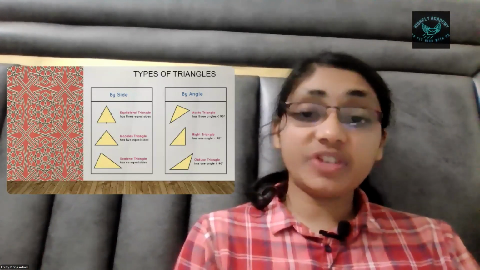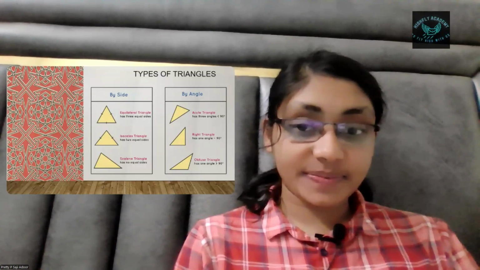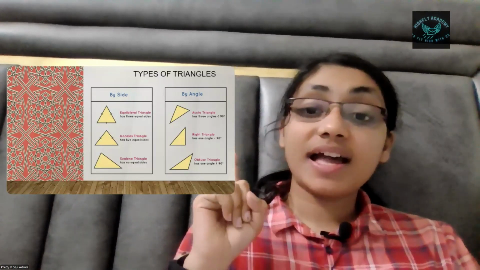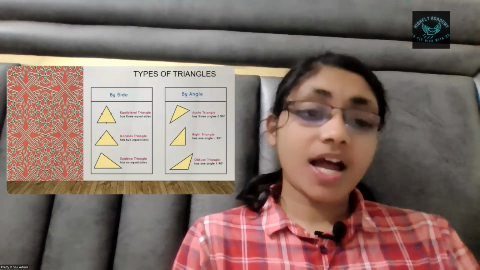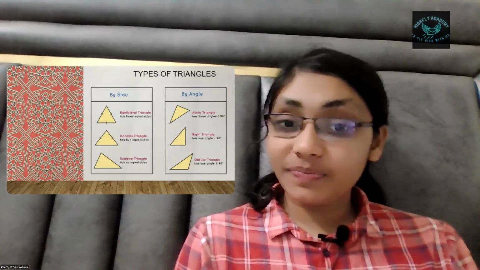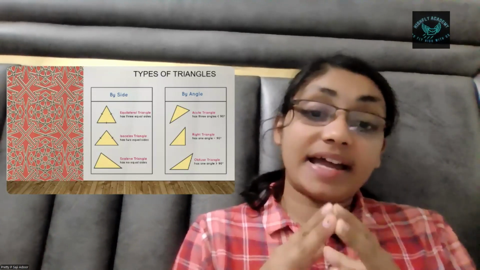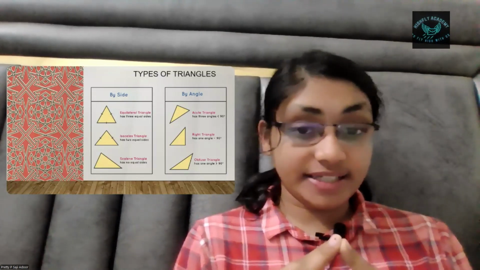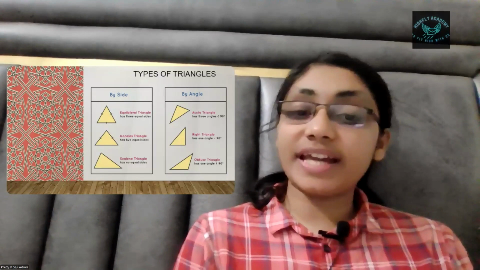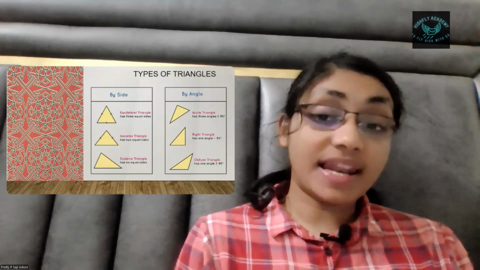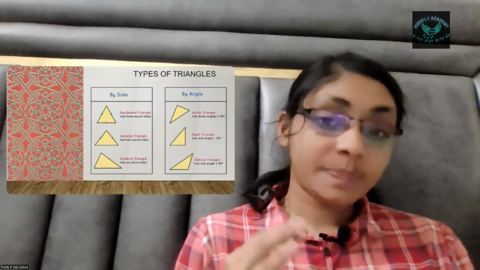Now, types of triangles on the basis of angles. First one is the acute angle triangle. What is an acute angle? An acute angle is an angle less than 90 degrees. All the three angles of the triangle must be less than 90 degrees.